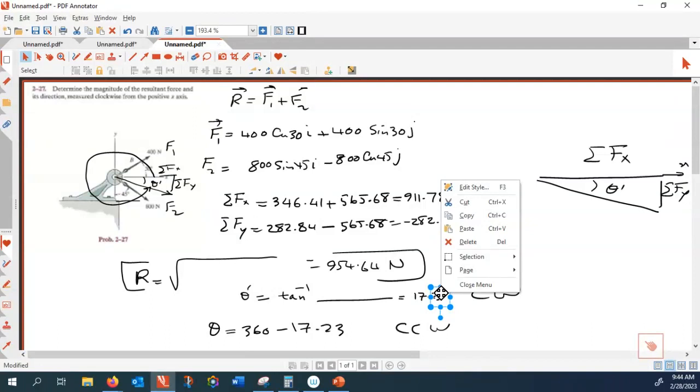Now, in this triangle, you have theta here, and theta is tan inverse of this divided by that. I got a negative number after that. Well, no, in that, you don't put negative, because you just want that angle. It's just you need to remember that's in the fourth quadrant, not in the third.